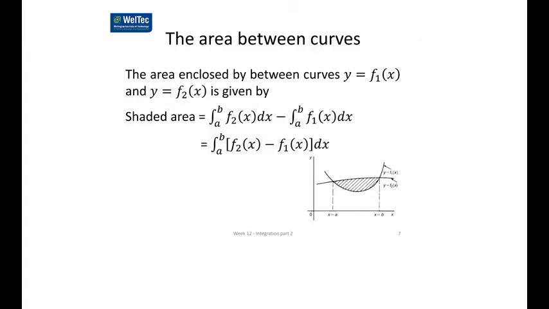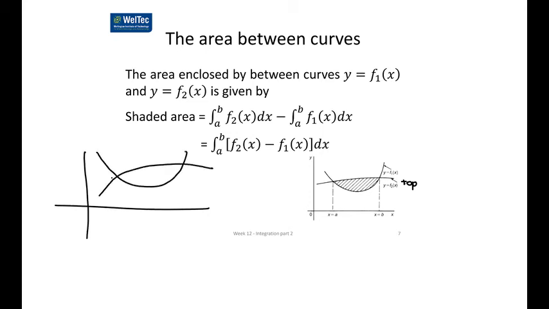To find the area between two curves, what we do is we find the area under the first curve, the top curve. So that one there is our top curve. That will give us all of this area here. Let's just draw it again over here. If we find the area underneath the top curve, it gives us that.